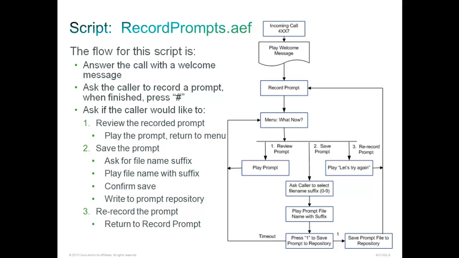It'll play the file name with the suffix to the caller, and then confirm that the caller really wants to save. And based on that and the username and password, we're okay to write that prompt to the repository, where eventually, if we need to, we can simply change the name and move that prompt to some other location.